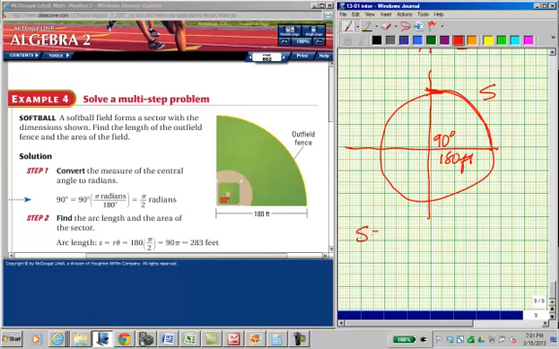So S equals r theta, but theta has to be in radians. So we got 90 degrees over 1 times pi over 180. Okay, these cancel. So we got pi over 2. So S equals 180 over 1 times pi over 2, which will be 90 times pi. Now this we will convert. We're not going to leave this in pi form.